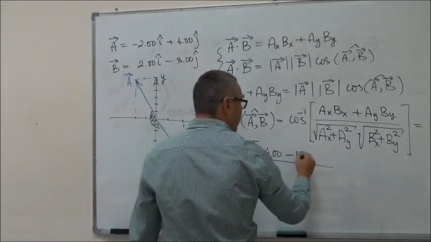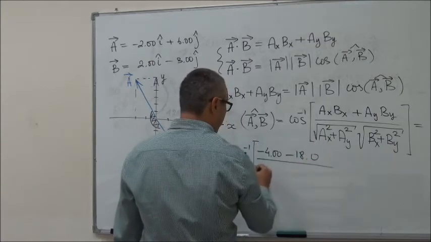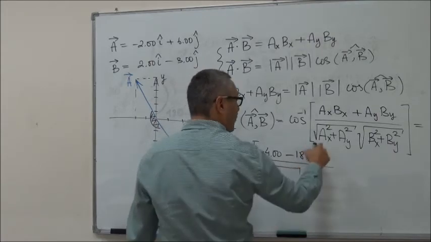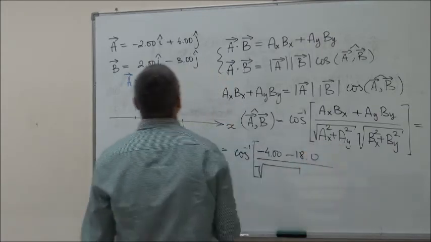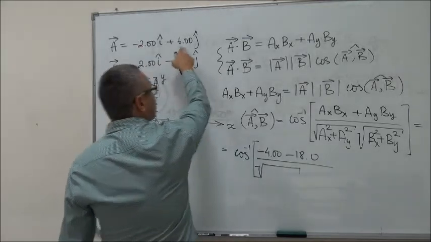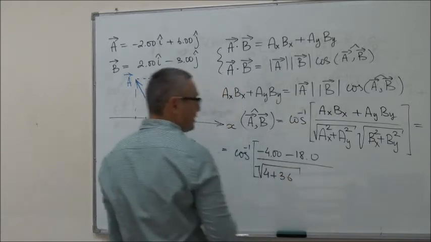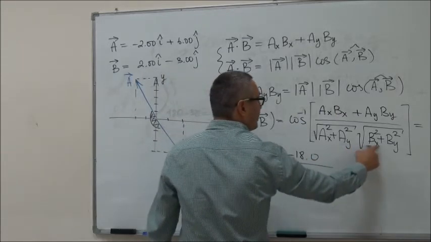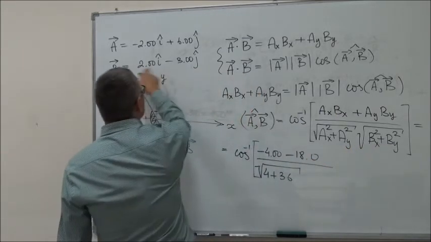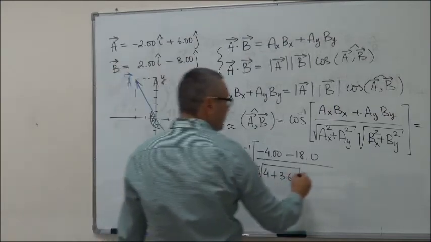That's negative 18. Then the square root of AX squared plus AY squared, so 4 plus 36. And then BX squared plus BY squared, so that's 4 plus 9.